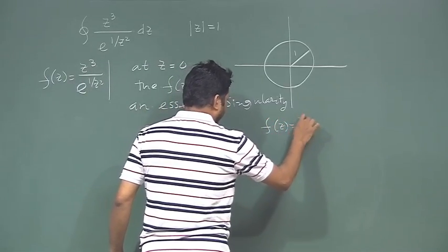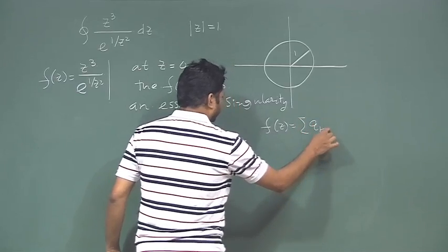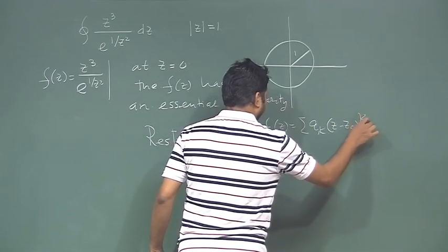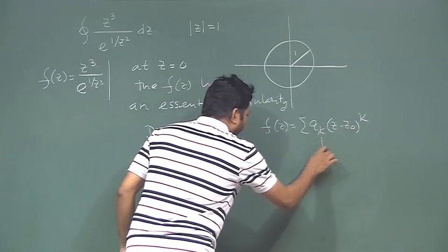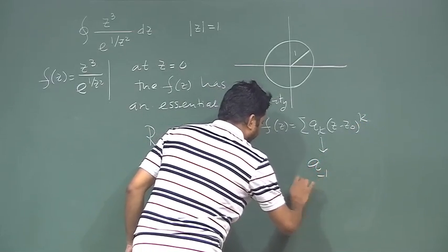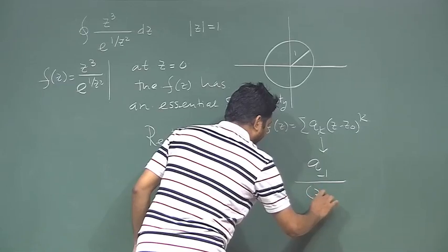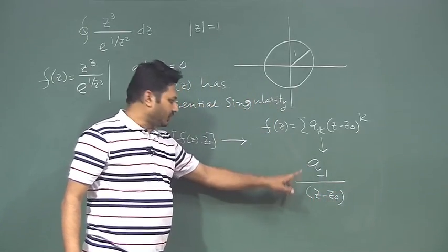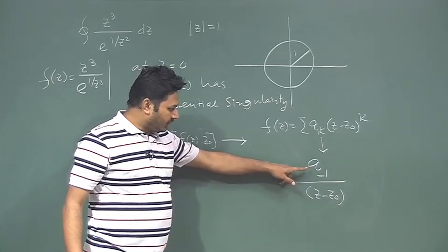because it is important, that should be in your mind, that the residue is nothing but the coefficient of 1 over (z minus z0). So, this is my residue, and I need to find this.